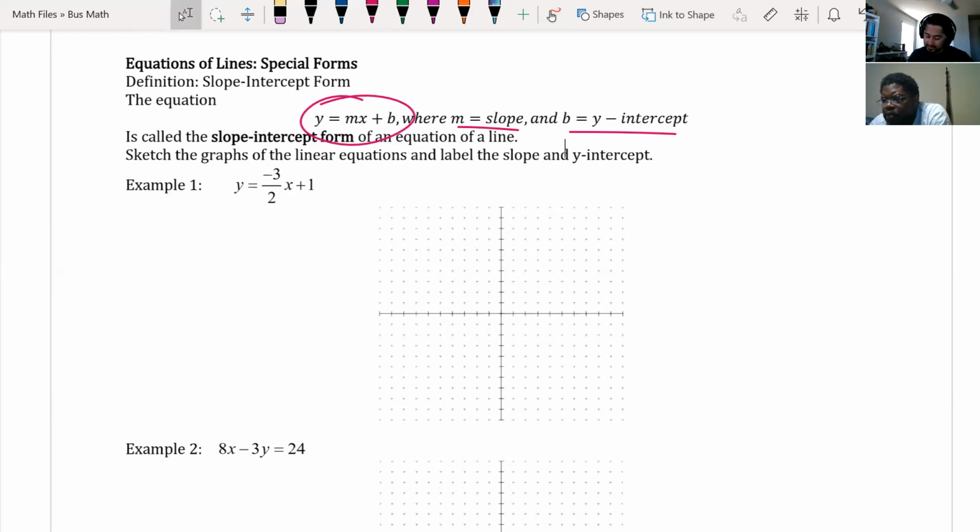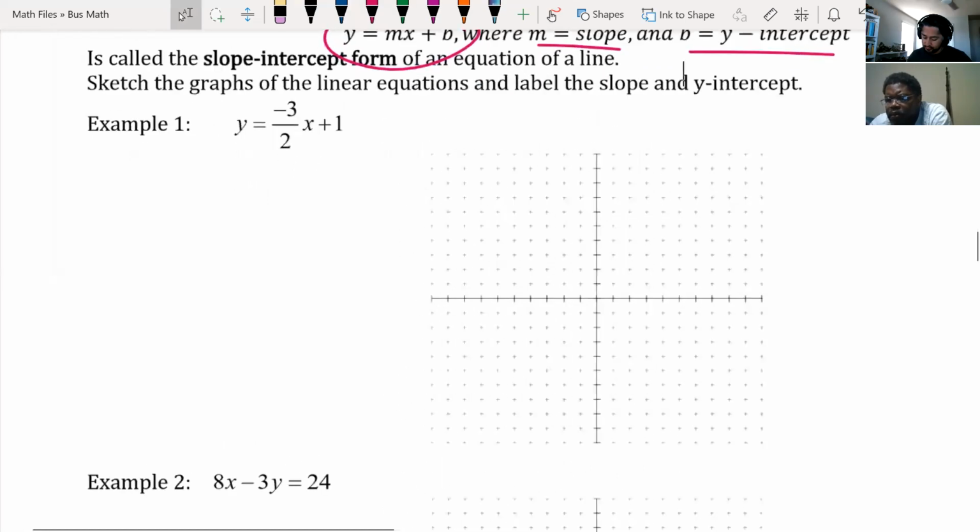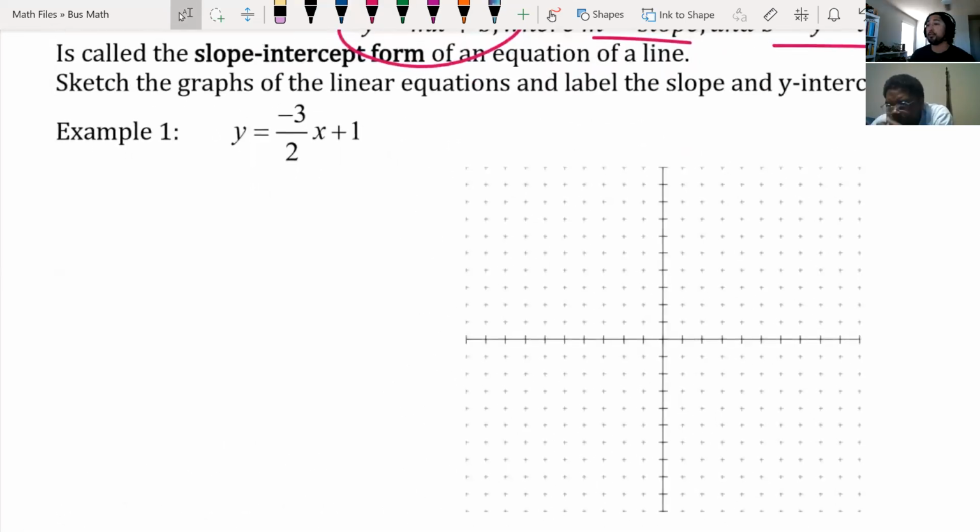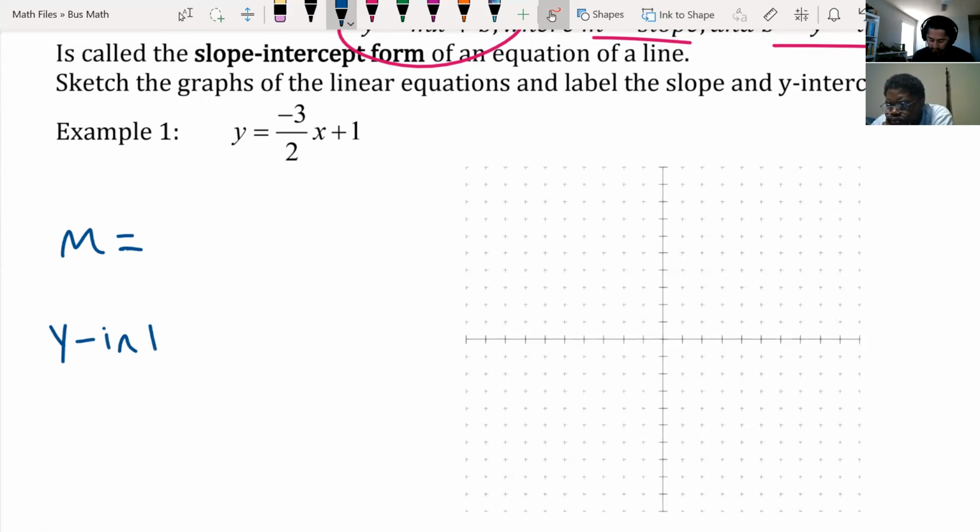So for the first example, we are given y equals -3/2 x plus 1. What is my slope for this equation? -3/2.